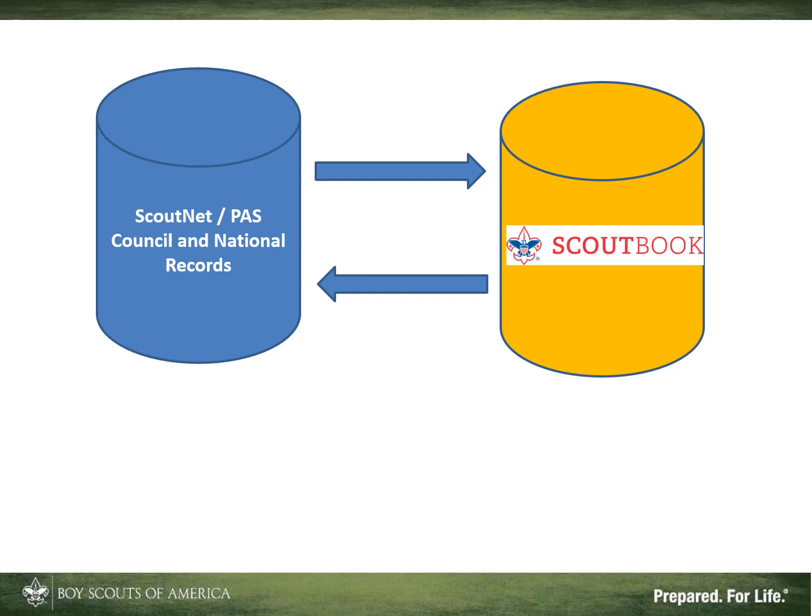All advancement that you approve will go into the ScoutNet PAS database within 24 to 48 hours, and your council can see it. Membership information that is changed in Scoutbook will not change in ScoutNet PAS, so it's only one directional for the membership. But for the advancement, it goes both ways.